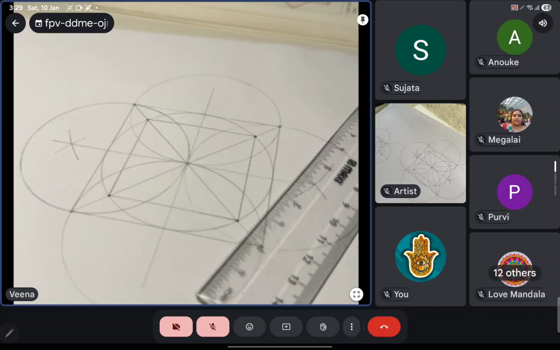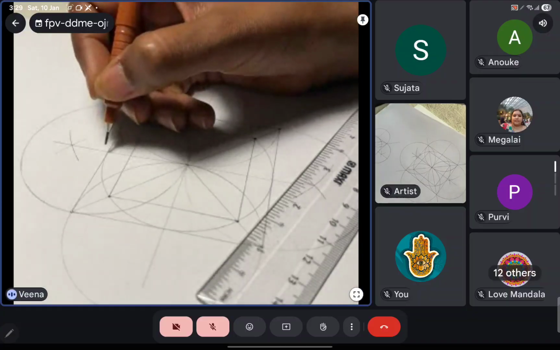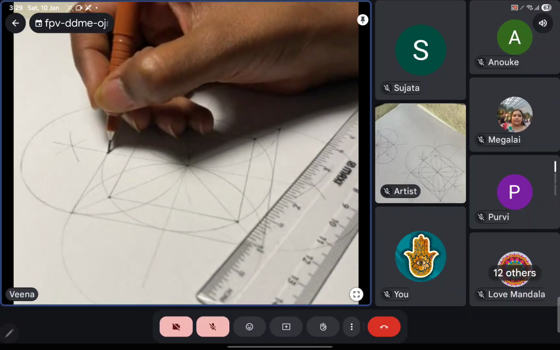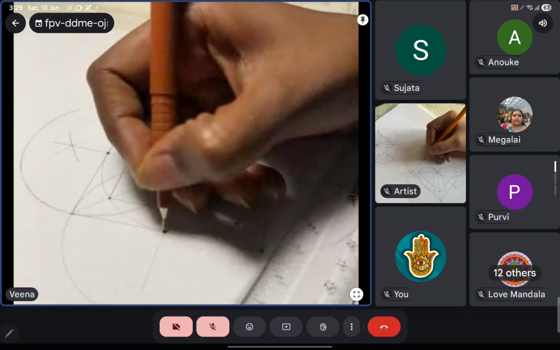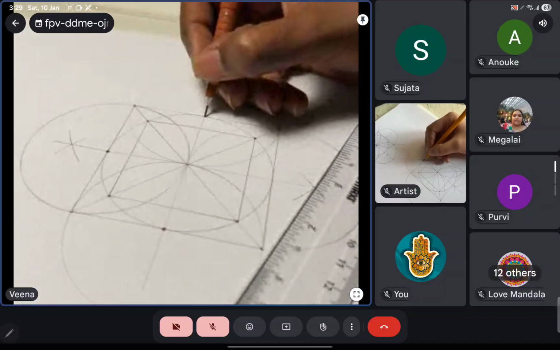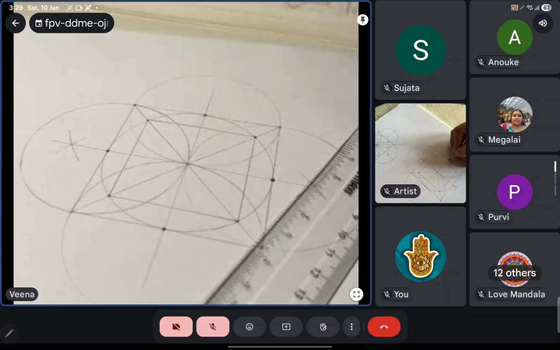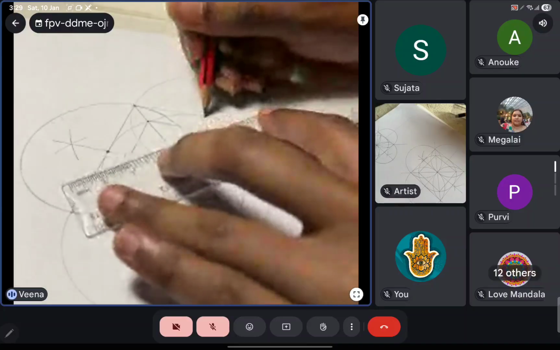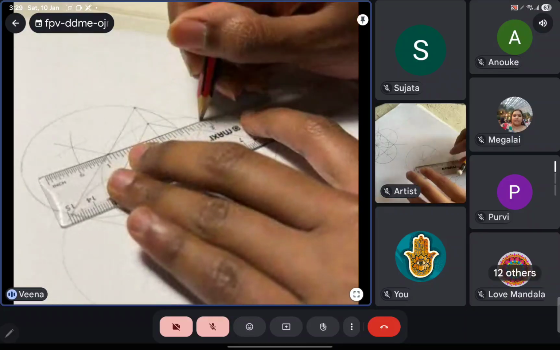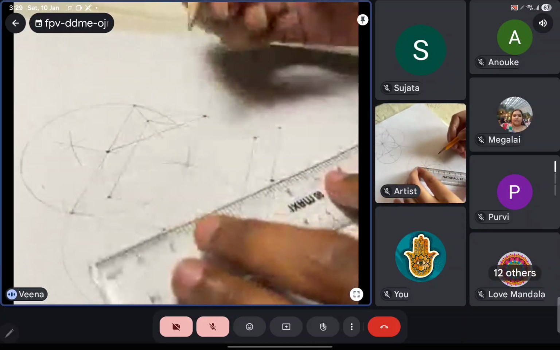Okay, and then we're going to mark these points too, and then join them. So it's almost like a square, but at a 45-degree one.